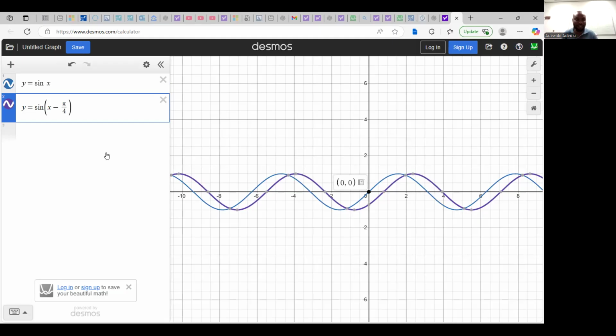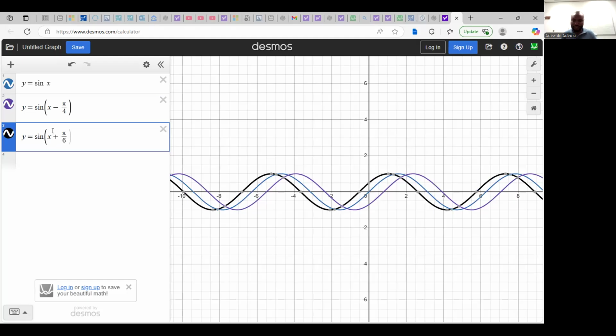Okay, the same thing, if we do, let's say, y equals sine x plus, in this case, pi over 6, then it's in black. You will see right here, instead of this starting from this point, 0, 0, it's now starting from here.